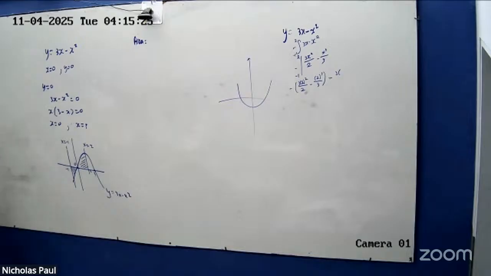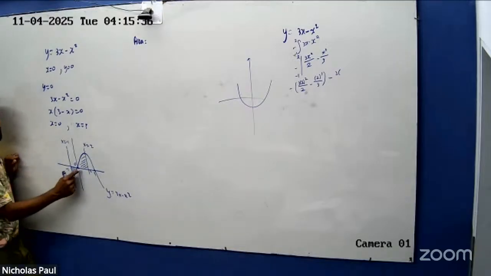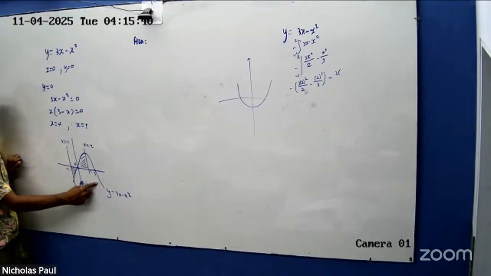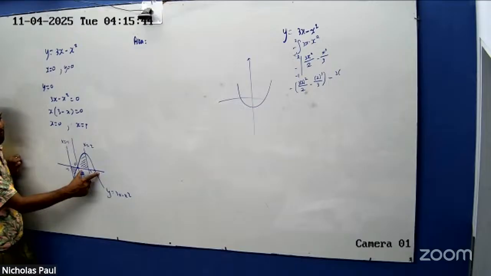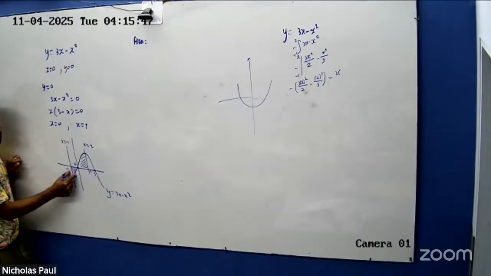Then we get 1.5. Why did you find this set of x values? So I will know how the graph looks. Here's 0 and 3. Because I know how the graph looks, I know that everything here is below the x-axis, everything here is above. So I need to know what is happening here.